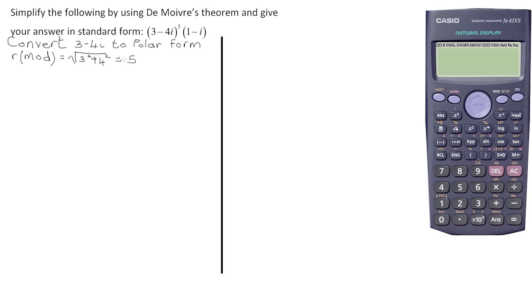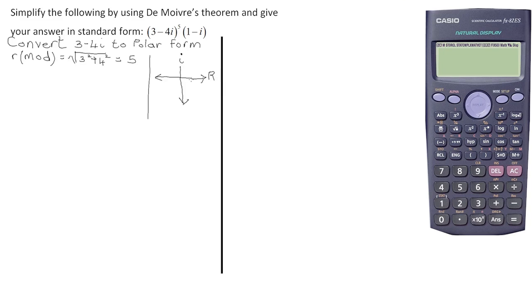Then you must calculate your argument. But before you can calculate your argument, you need to have some idea of where this angle lies. That's why you're just going to do a rough Argand diagram, because they haven't asked you to sketch the Argand diagram, but you want to get an idea.